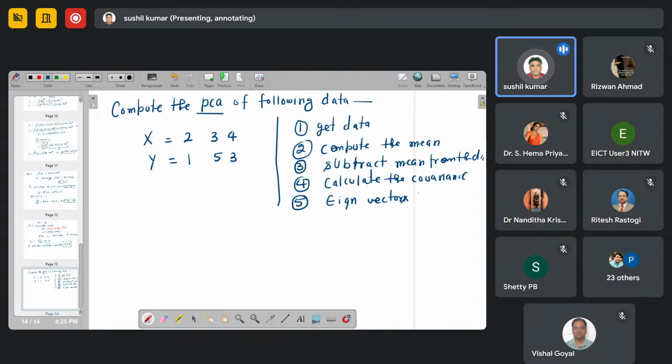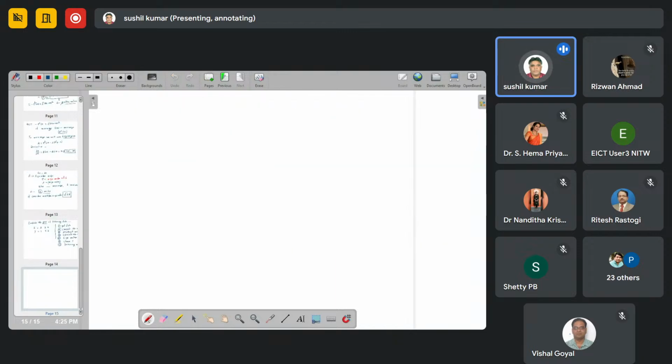That much mathematics I think everyone knows here. Sixth is choose the components. Seventh is deriving the new data. That is the work we will do here. So I will start from the next page.